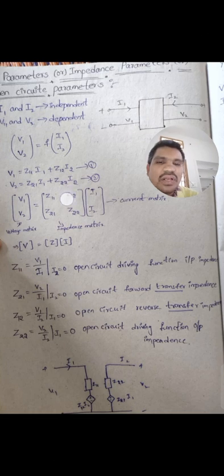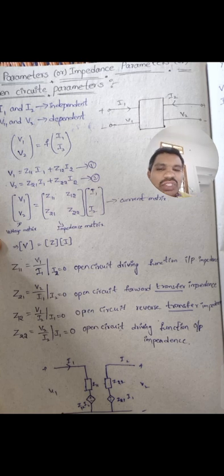From that we calculate Z21 is equal to V2 by I1 when I2 is equal to 0. Here also the circuit is open circuit. We observe that the output voltage is divided by the input current.